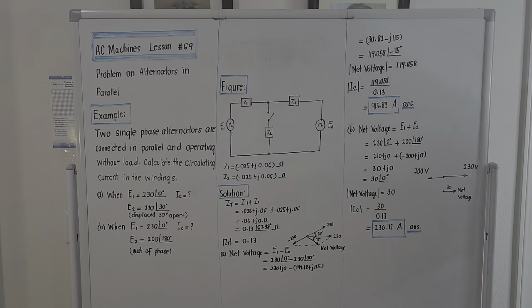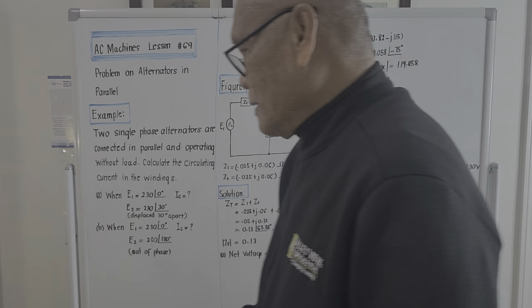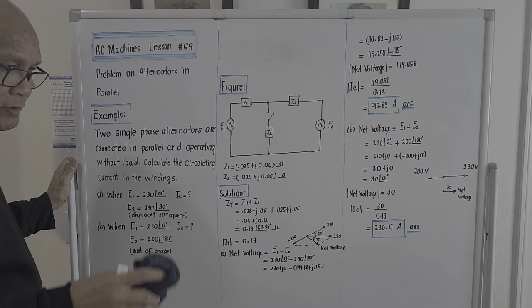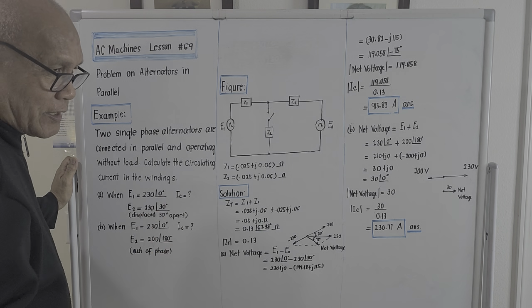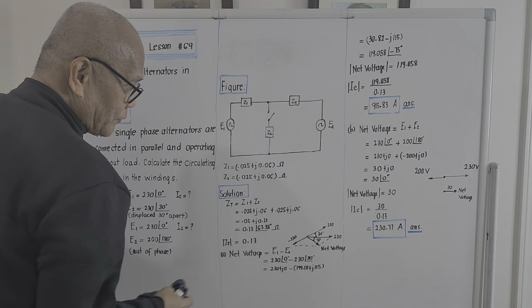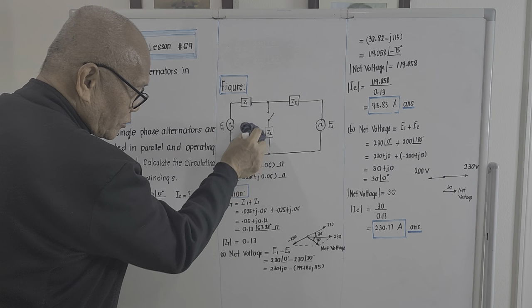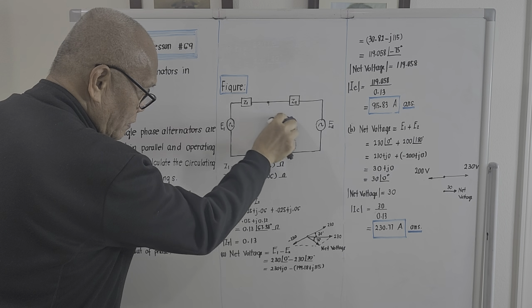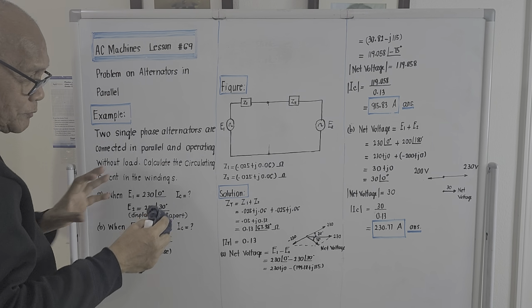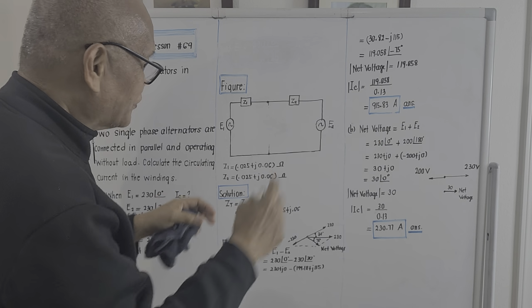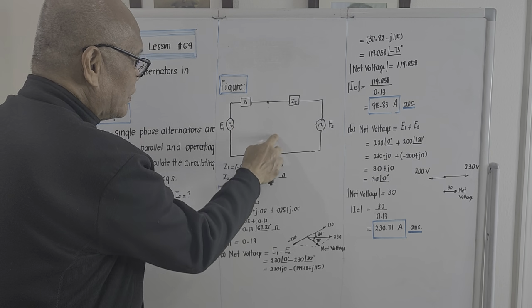One of the most important aspects of parallel operation is the so-called circulating current. There comes a time that the alternators are operating in parallel and the load is disconnected. So if this is running and this is also running, whether we like it or not, there should be a circulating current in here.